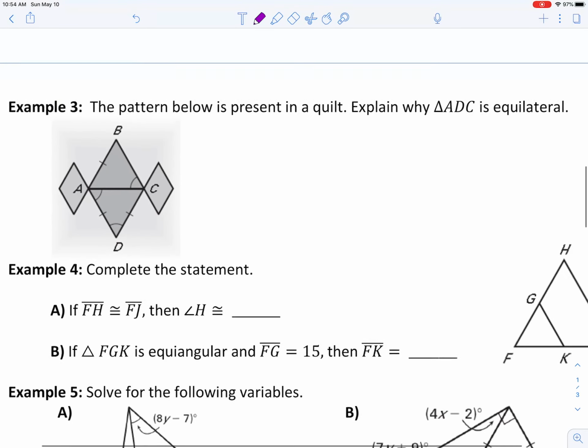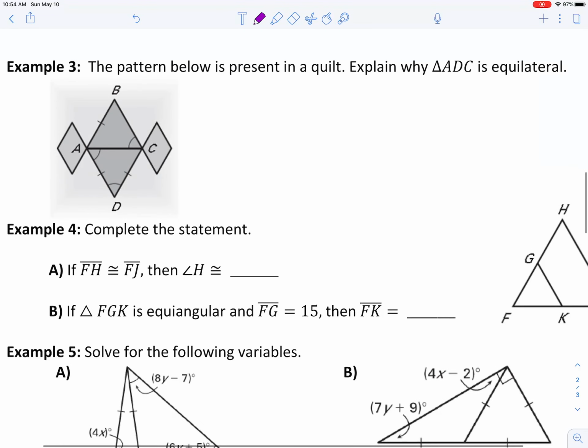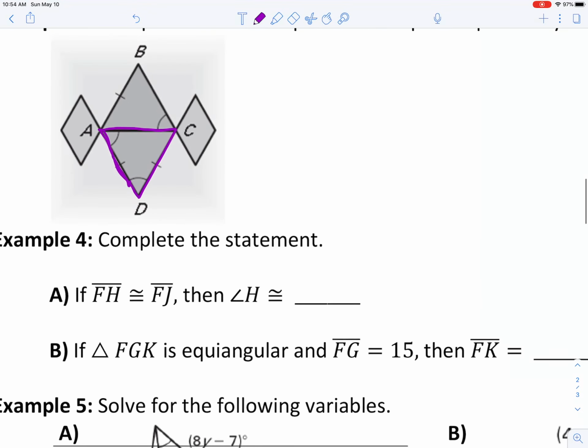All right, flipping it over to the back side. It says, example 3, the pattern below is present in a quilt. Explain why triangle ADC, here's ADC, explain why this purple triangle right down here is equilateral. Okay, well, taking a look at this, I'm noticing that AD and DC are congruent.